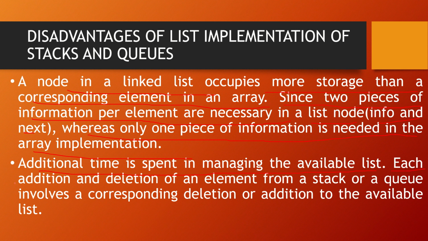Each addition and deletion of an element from a stack or a queue involves a corresponding deletion or addition to the available list. So it consumes more space, first thing. Second thing, it takes more time to add the deleted node into the available list or to take a node from the available list for use.